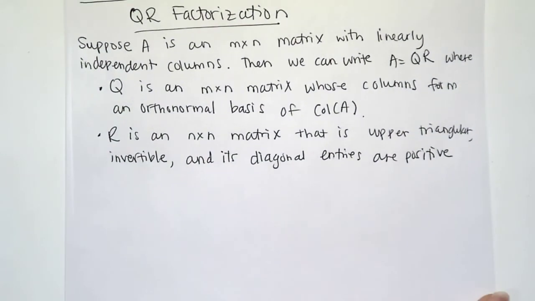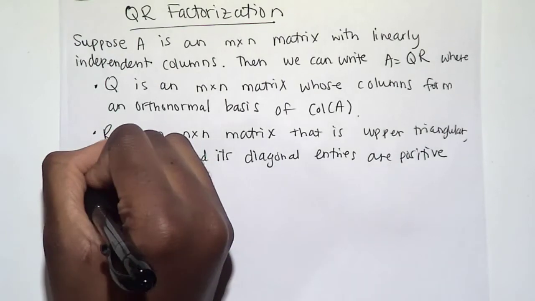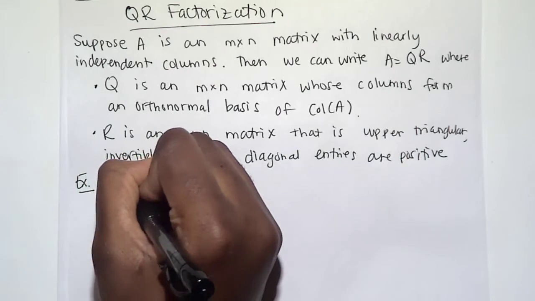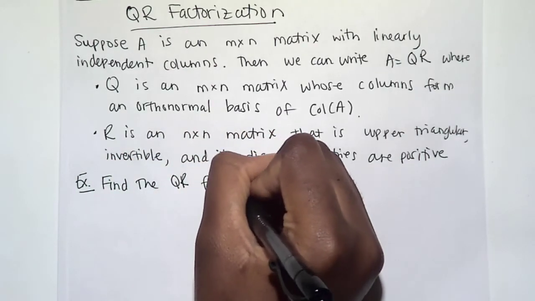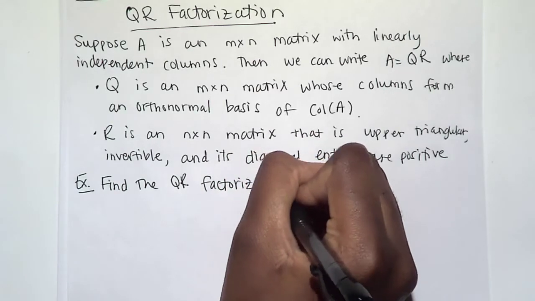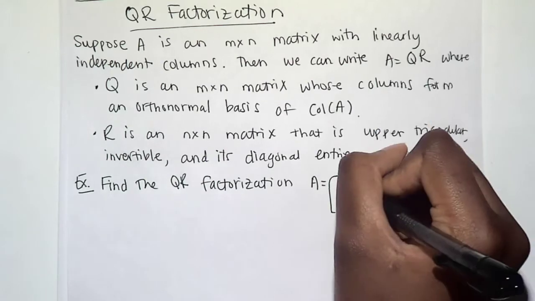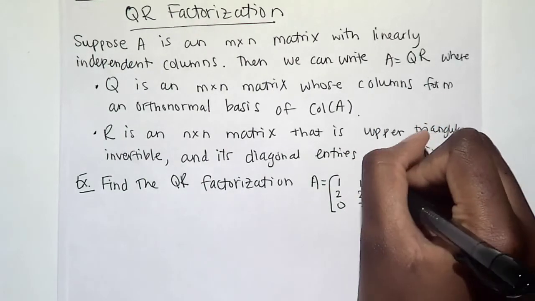All right, let's just jump right into an example. We want to find the QR factorization of the matrix A, with columns (1, 2, 0) and (1, 2, 2).